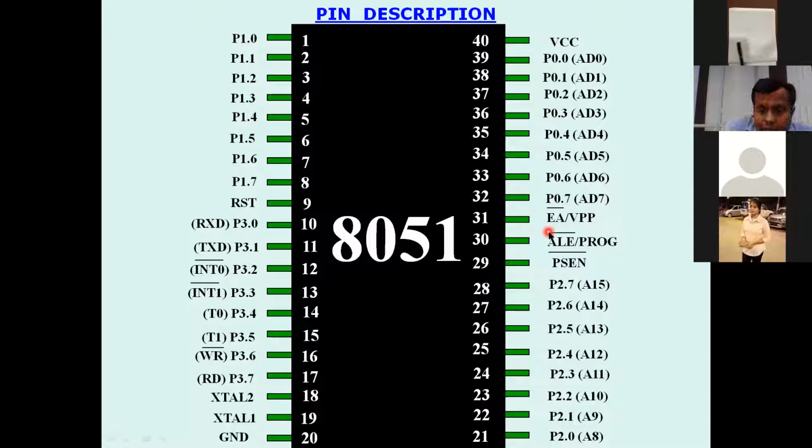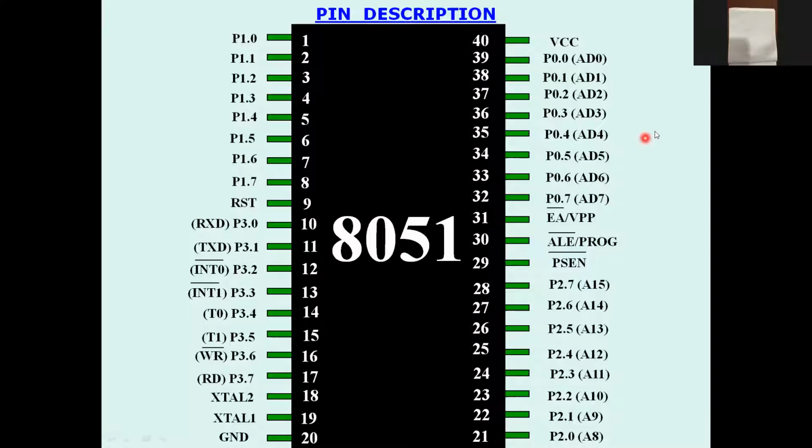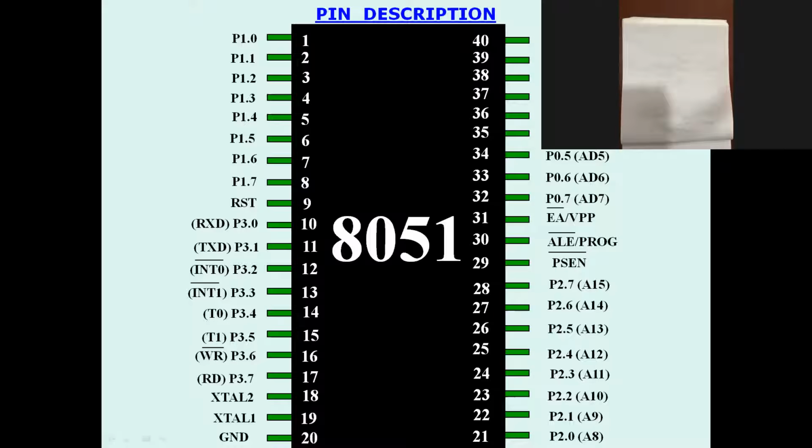Next, I am coming to them one by one. That is pin number 9, RST. What is the function of pin number RST? That is the reset pin. If you can see, this is pin number 9, the RST.